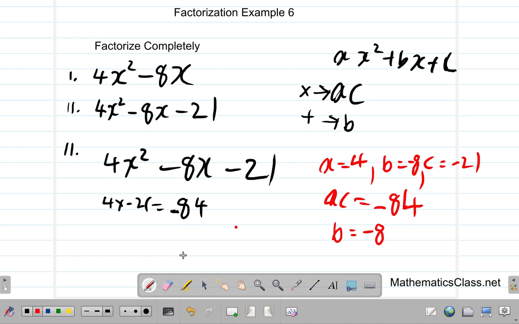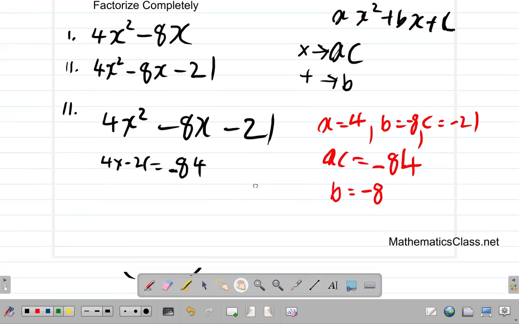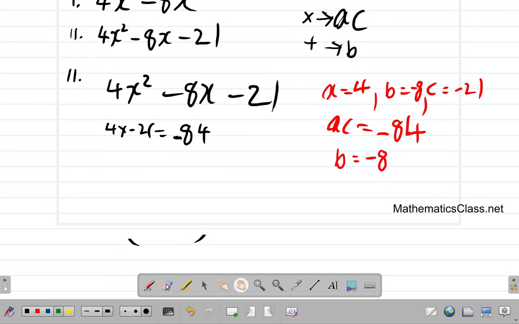These are large numbers, so it will be a bit challenging to come up with those numbers, but we will see. Let's put down all the numbers that multiply to give 84. We have 2 and 42.